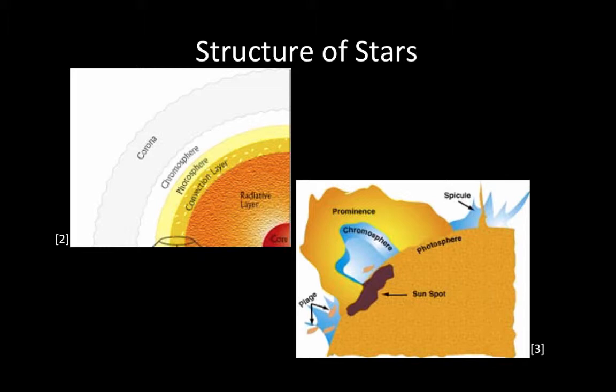Next we have the photosphere. This is the visible colored surface that we see on the sun, mainly composed of gas and hot atoms. Next up is the chromosphere, which is basically the lower atmosphere of a star, and then the corona, which is the outer atmosphere of a star.